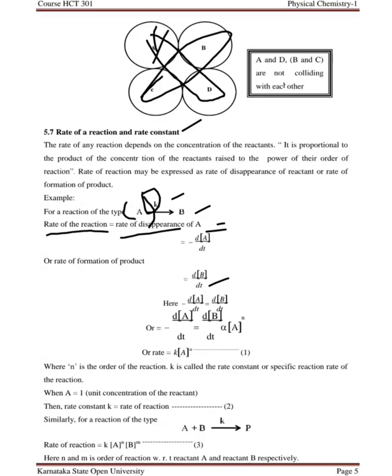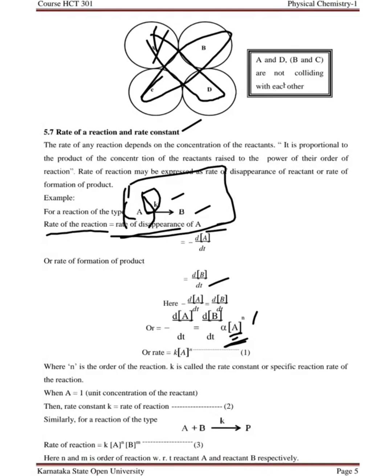Or d by dt of A or d by dt of B is proportional to A to the power of n, where A is the amount of A. In this reaction, the amount of A is transferred to B, denoted here, where n is the order of the reaction.